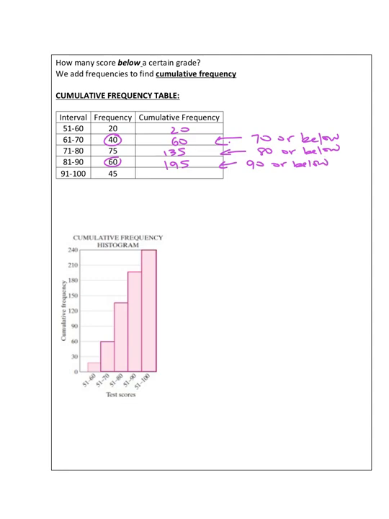And then the last one is where you add the 45 onto the 195, which gives us 240. These are the kids who got 100 or below. That's basically everyone who took the test. That represents your total frequency.